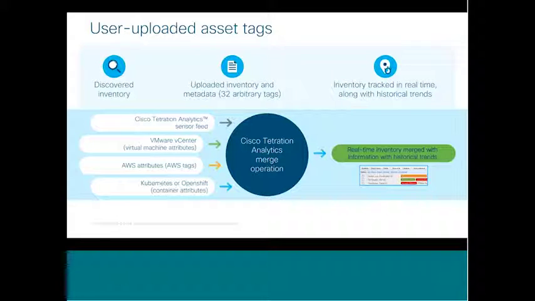These tags allow customers to abstract the policy information. They don't have to use IP or those types of ephemeral attributes anymore. Rather, they can use these higher-level metadata, and the IPs can change underneath, but the policy will be automatically kept up to date by the Tetration platform.